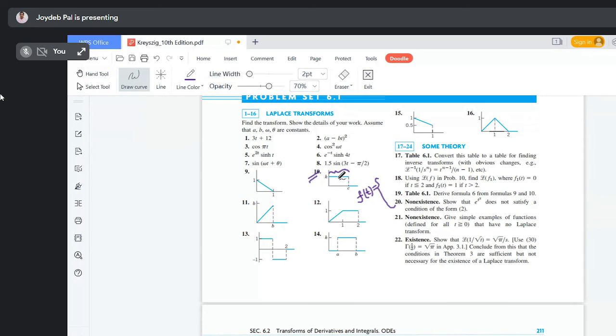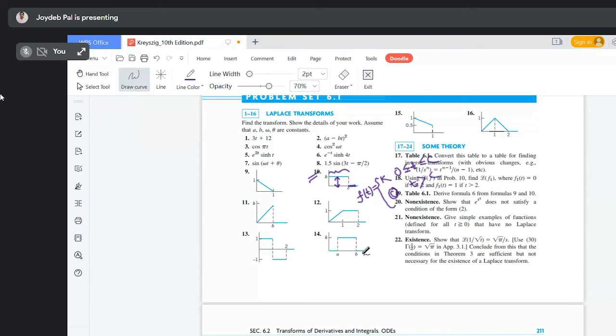Constant means the height of this line, and it is k, right? So y is equal to k will be the line equation. So ft is equal to k in the interval, which interval? 0 to c. And other case में, if it is greater than c, then it is 0 for t greater than c.